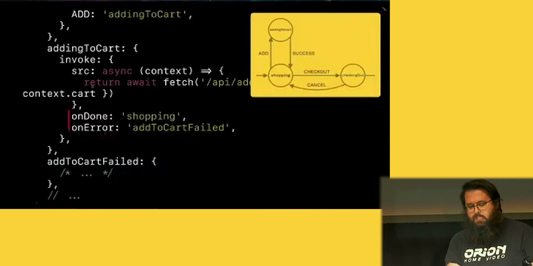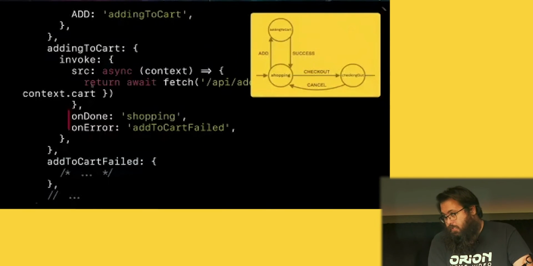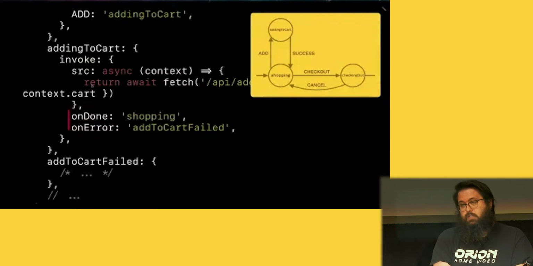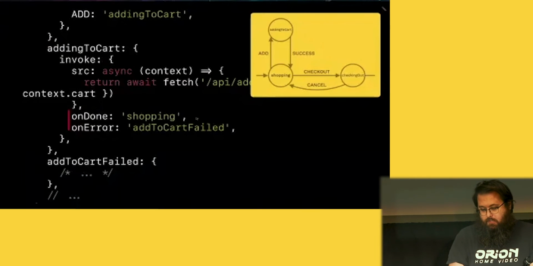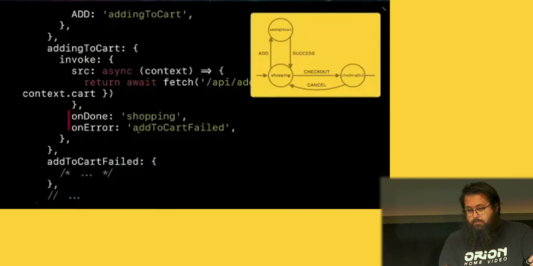So if our source function returns or is a promise and resolved successfully, then it's going to automatically call on done, and we'll go to wherever we define. So here on done, we'll go to shopping. And on error, so that means I think it's undefined is returned, or if it's a promise, it rejects, we'll go to some other state.